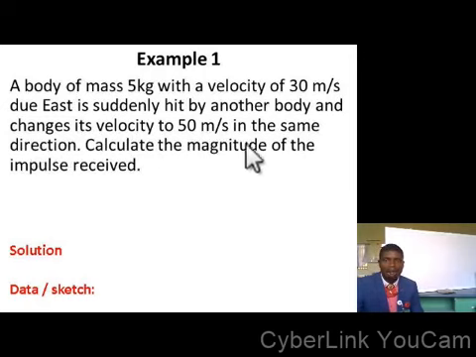Calculate the magnitude of the impulse received. Solution: data, and of course a sketch.